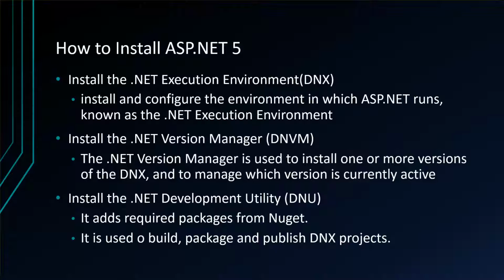The last step is to install the .NET development utility, that is the DNU. This DNU adds required packages from NuGet, and it is also used to build, package and publish our DNX projects. So the three major components required to develop any ASP.NET web application on Windows are the DNX, DNVM, and DNU.